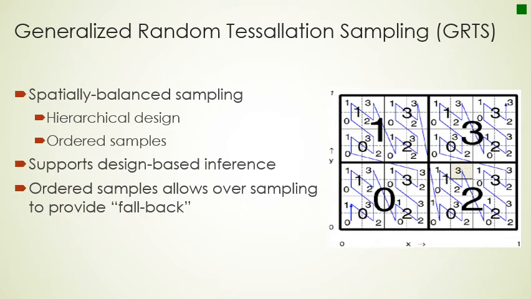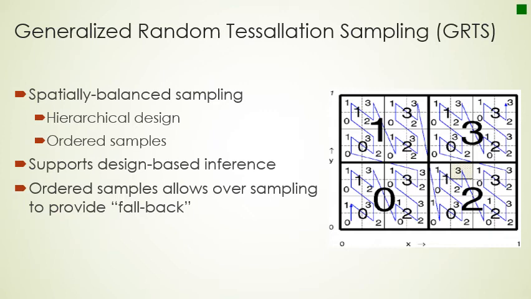Okay, and then when you choose your next sample unit, the GRTS sampling will ensure that it's not within the first level of the hierarchy of the last one that you just sampled. So in that way, it spreads it across spatially, and still maintains the random approach of every cell having an equal chance of being sampled.